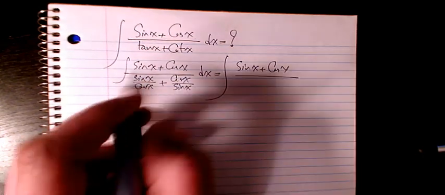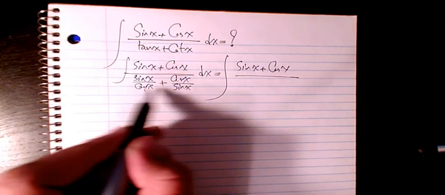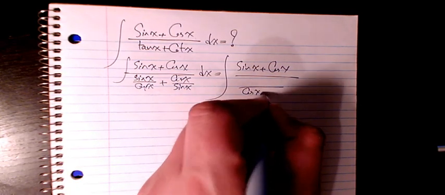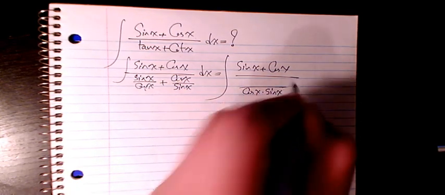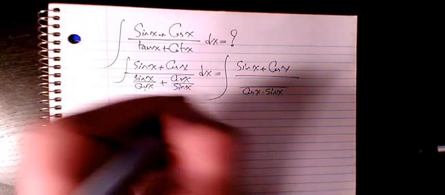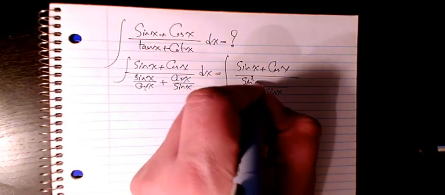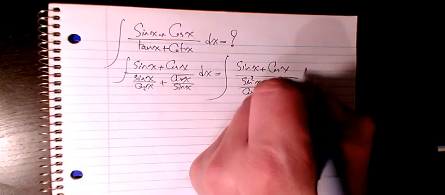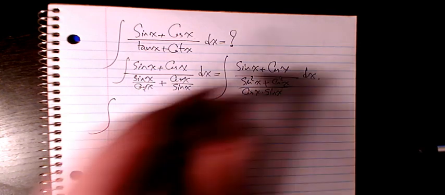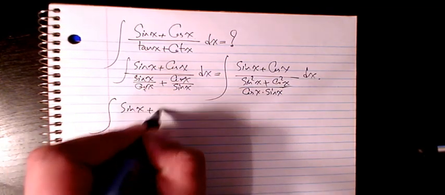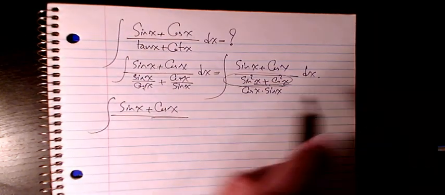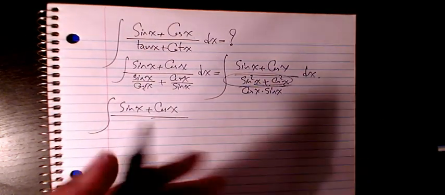Then I will write the same thing, and here I need to add these two since they have different denominators. You need a common denominator, so sin x times sin x is sin squared x, plus cosine times cosine is cosine squared x, dx. So it will be sin x plus cosine x divided by sin squared x plus cosine squared x, which is always 1.